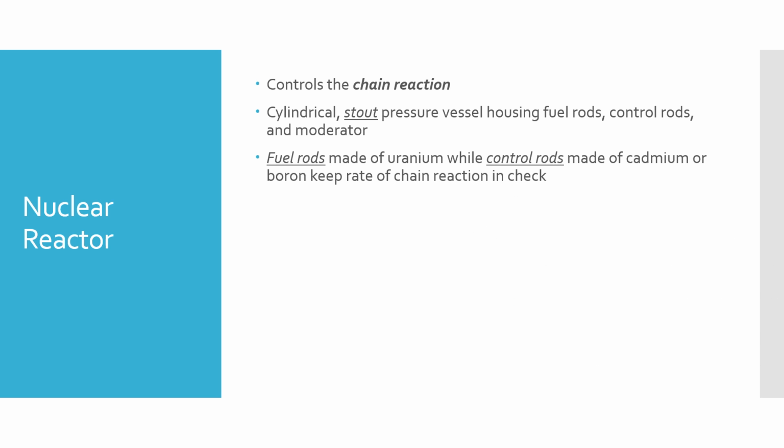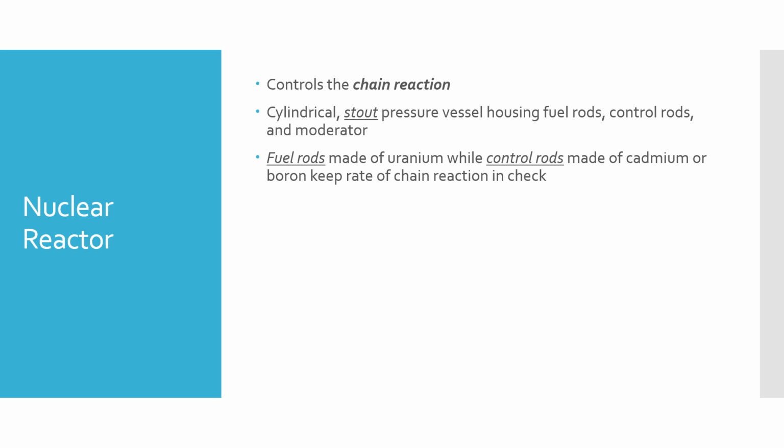Fuel rods are normally made up of small pellets of uranium, all combined into a fuel rod. The control rods are made up of cadmium or boron, and they keep the rate of reaction in check.